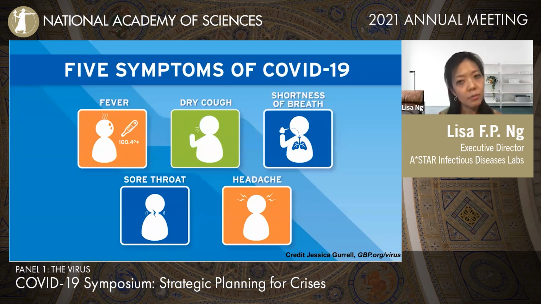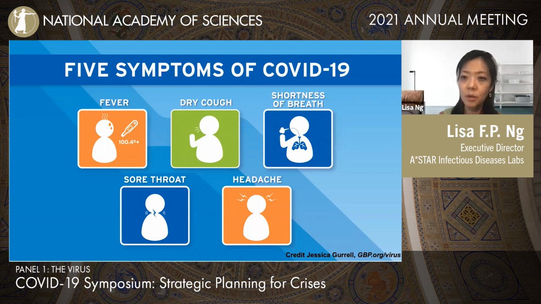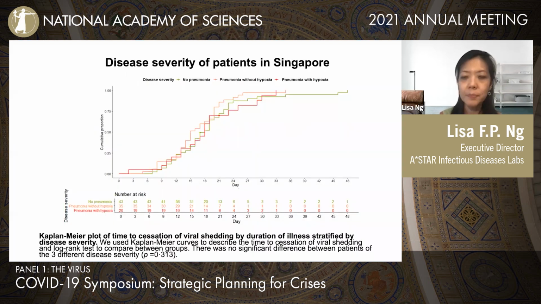We all know now the typical symptoms of COVID-19, which are the fever, dry cough, and shortness of breath. However, it is now clearly and well reported that there are more sophisticated or even more severe cases. So in Singapore, typically the disease severity of patients has been divided into 3 main groups.